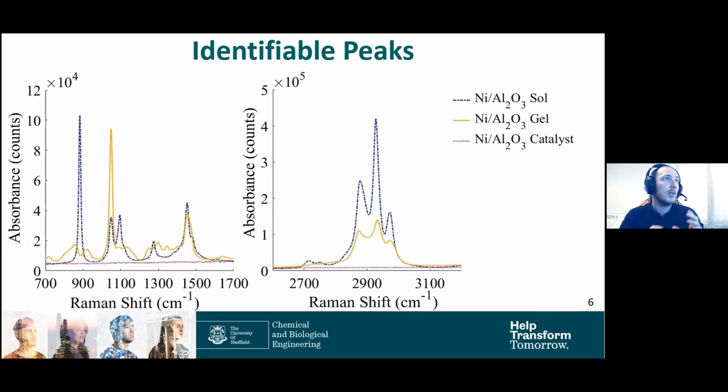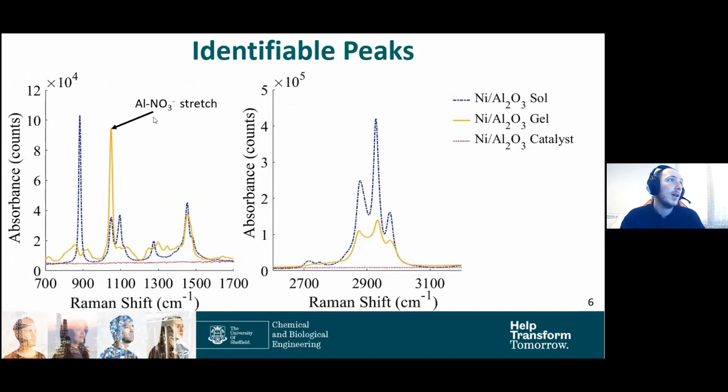So let's have a little look at some bulk so we know what peaks we're looking for in the Raman spectra. The calcined catalyst had nearly no spectra, but we're not really looking at that in the final. But the gel in the yellow here, and the solution, the sol, in the dotted blue here, we have an aluminium isopropoxide associated peak, which was much higher in the solution.